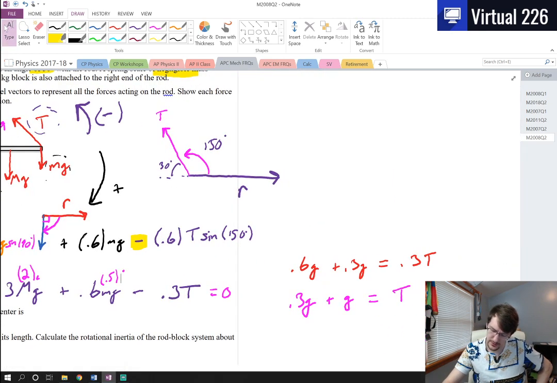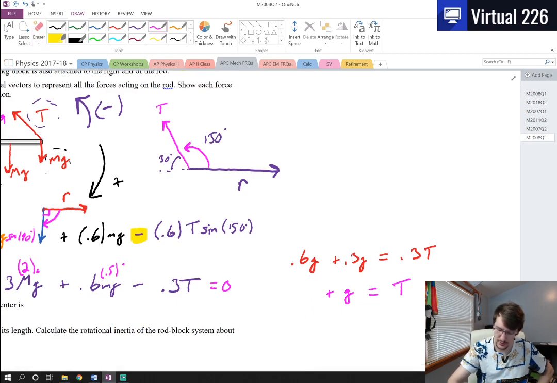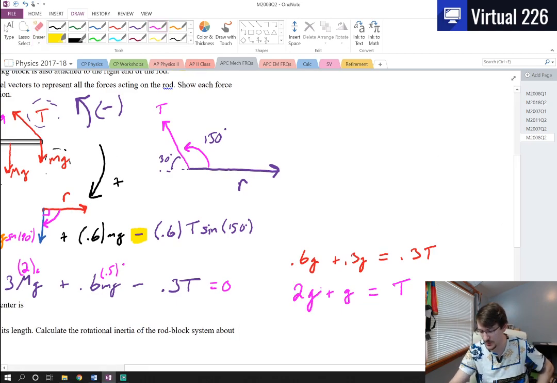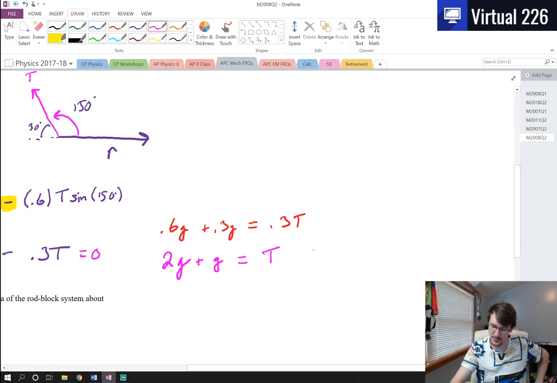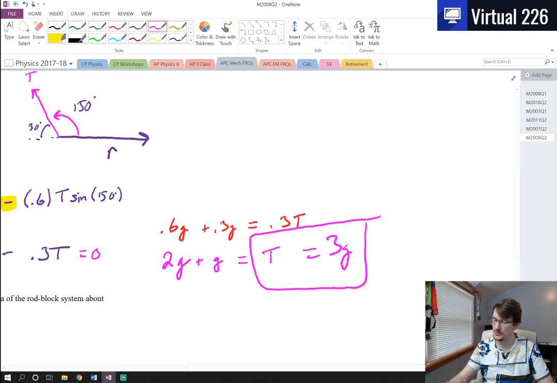The 0.3 dividing by point. Oh, jeez. 0.6 over 0.3 isn't 0.3. What am I doing? This is 2. This is 2g. Ugh. It's 3g. What a morning. What a morning.